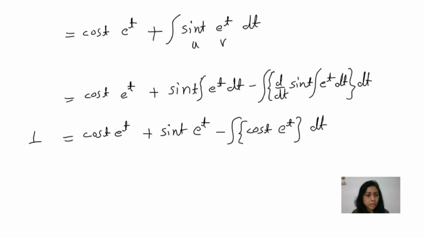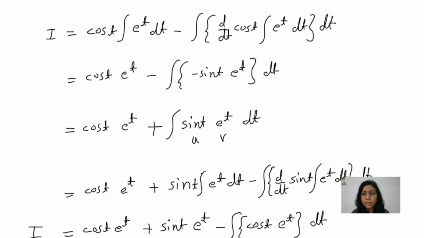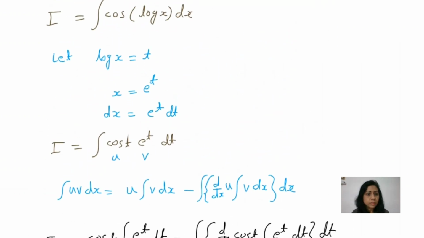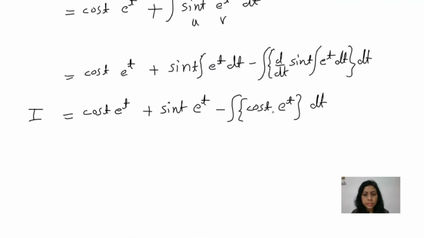Actually this is I, this function I, and I was cos t e to the power t dt. So this is exactly cos t e to the power t dt.